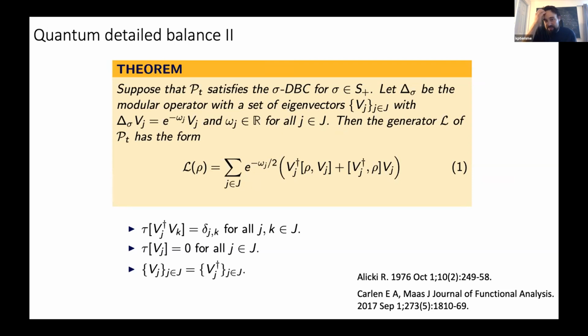There is a structure theorem that tells you that, since it is sigma detailed balanced, there's an operator basis of Lindbladians in which you can write this generator, and these operator bases happen to be eigenvectors of the modular operator, and they have particular properties. That's an orthonormal operator basis with respect to the trace inner product.